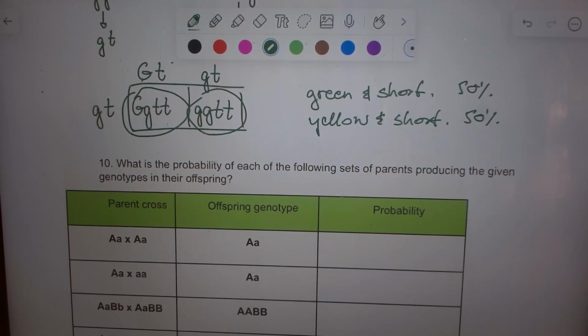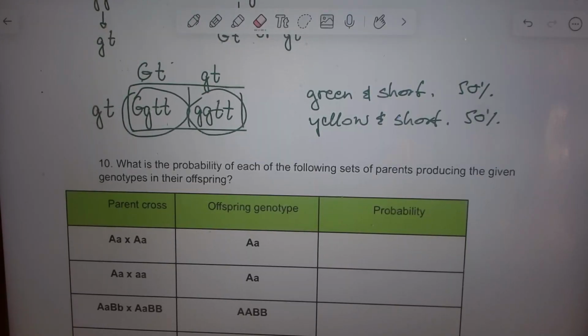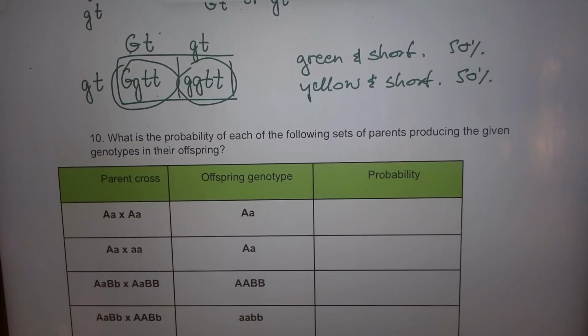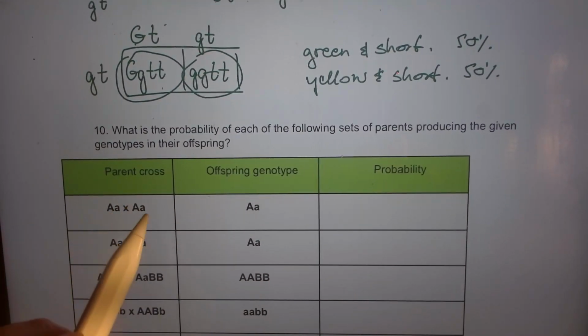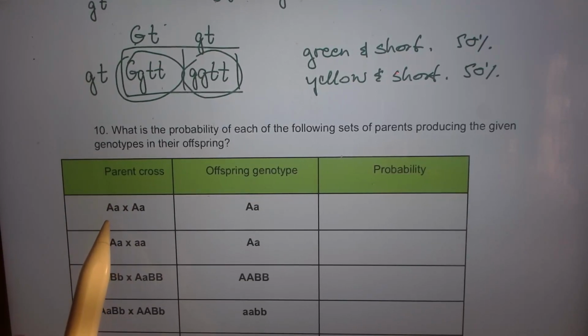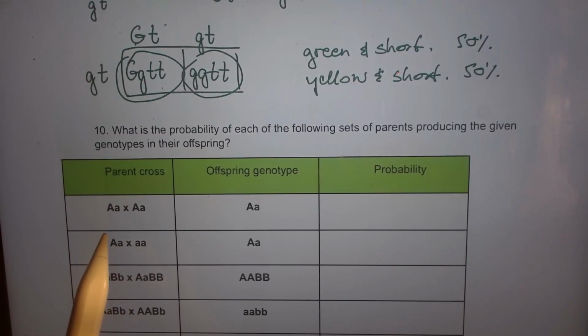What is the probability of each of the following sets of parents producing the given genotypes in their offsprings? So for this part, the probability of each of the following sets of parents producing the given genotype in their offsprings. Let's get back to the visual, just how it looked when we crossed two heterozygous.